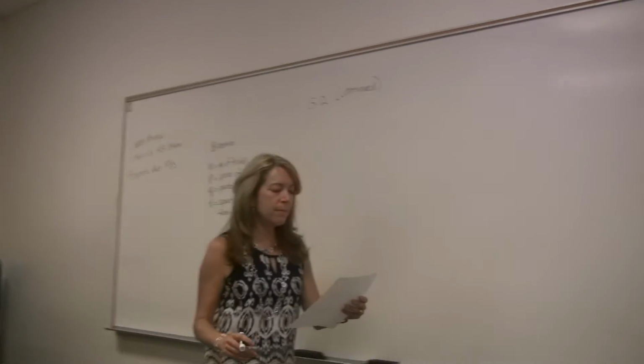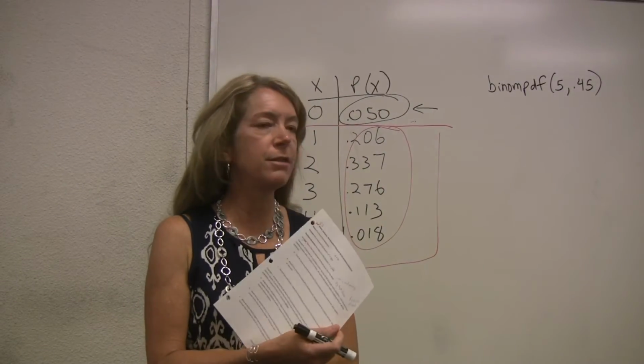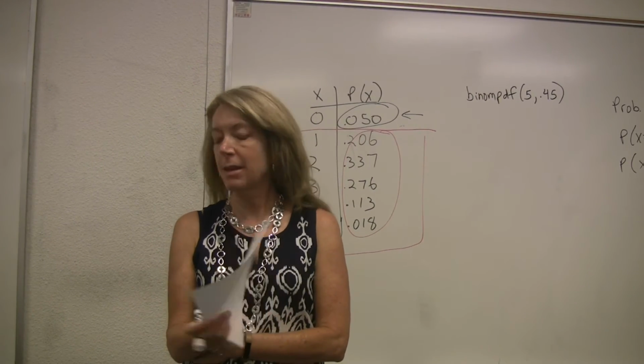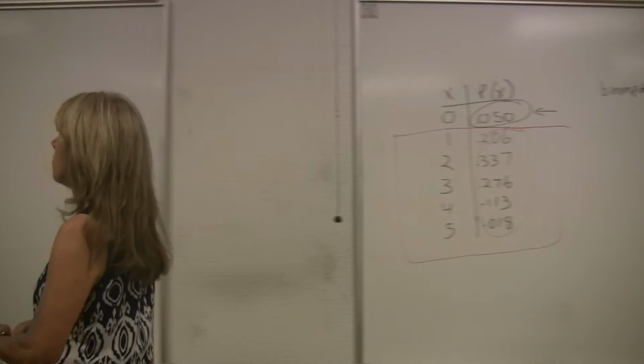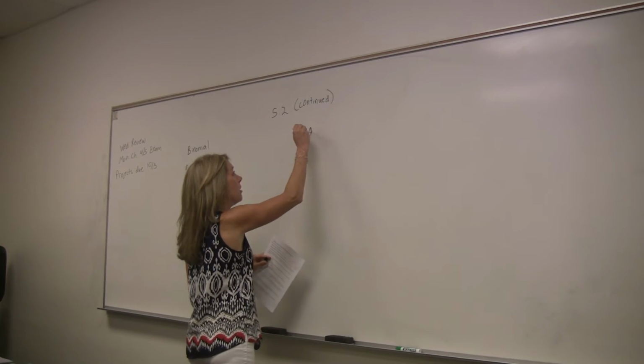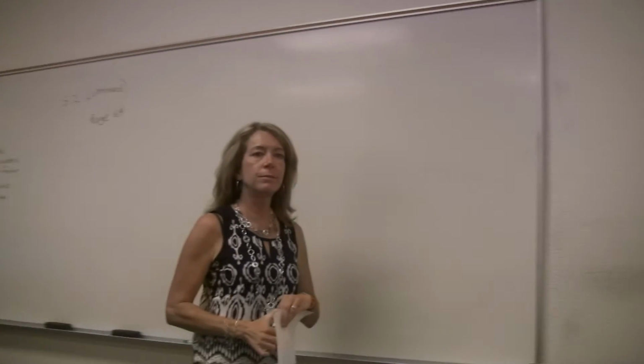Okay, so let's continue on. We got one more page of 5.2 here. And then I'm going to set you loose to try to think for yourself, hopefully. Page 64.